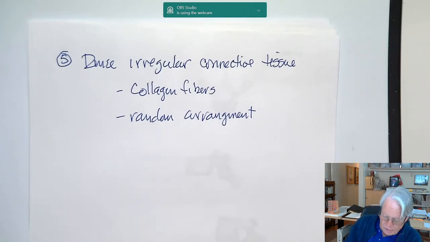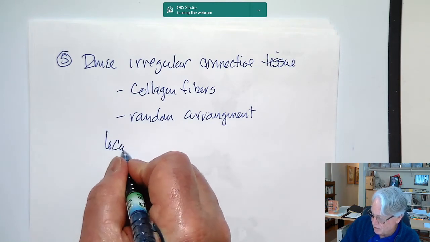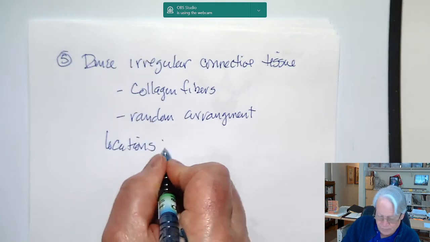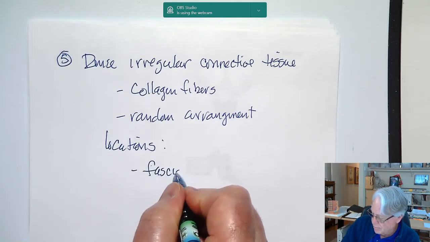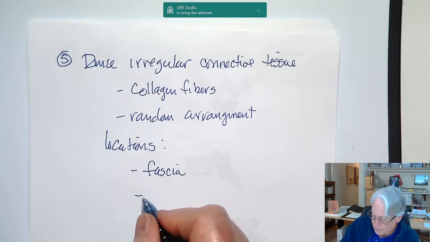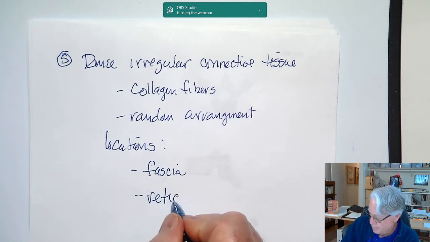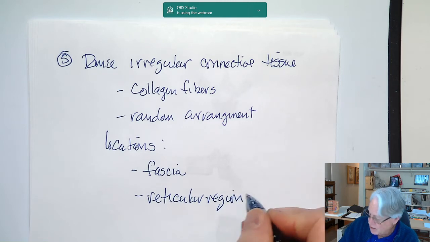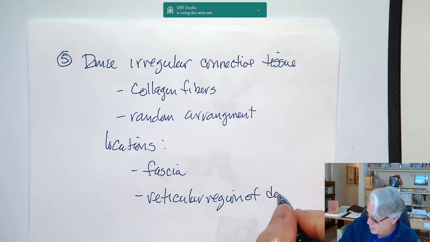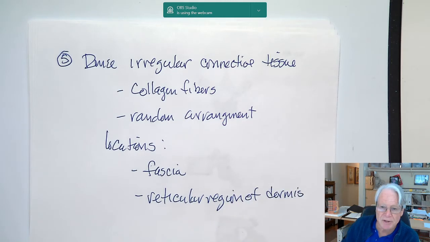And so the fibers are not all running the same direction, and they're running crisscross to each other. So some locations are fascia, the reticular region of the dermis, and that's part of the skin.